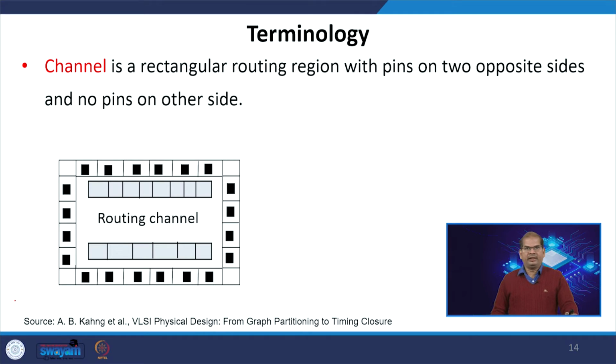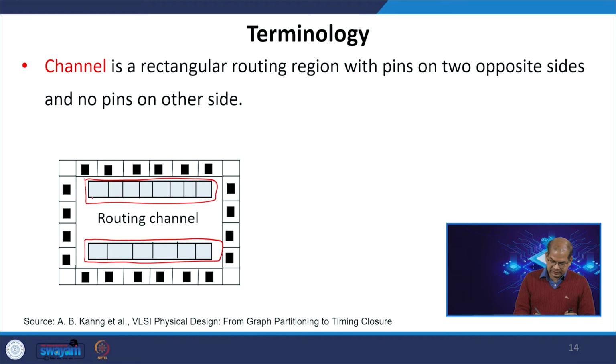So, what is a channel? If you can see here, this is one row of standard cells, and this is another row of standard cells. The pins can be located somewhere here for each of the cells, and there will be some pins here too.